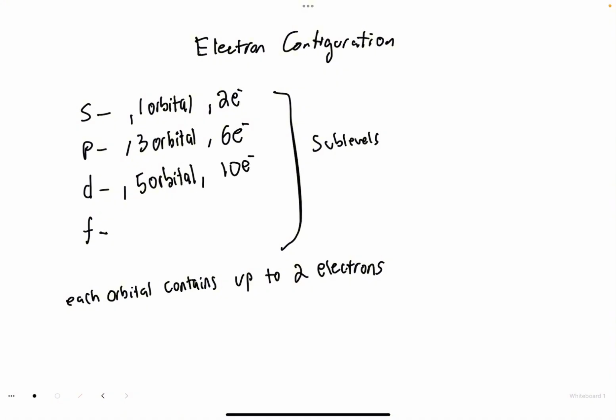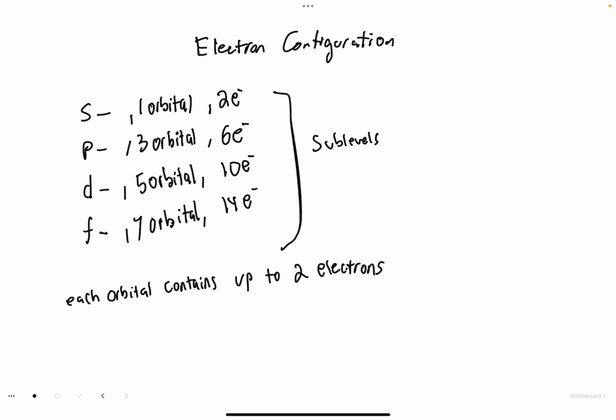And in the F sublevel, we have 7 orbitals, and then we have 14 electrons. So this is the foundation for electron configuration, and let's take steps to build on it.